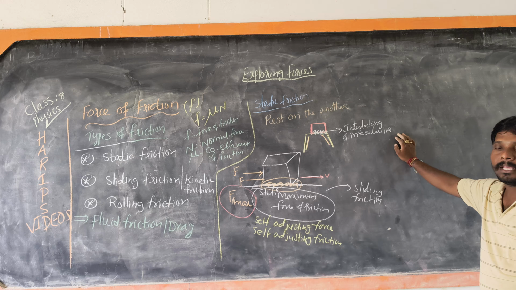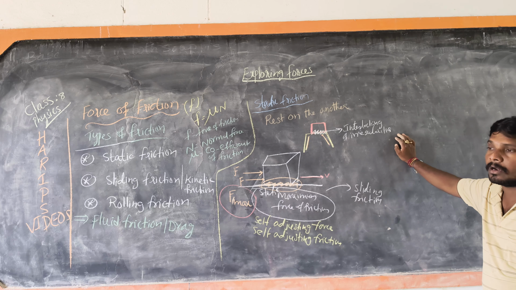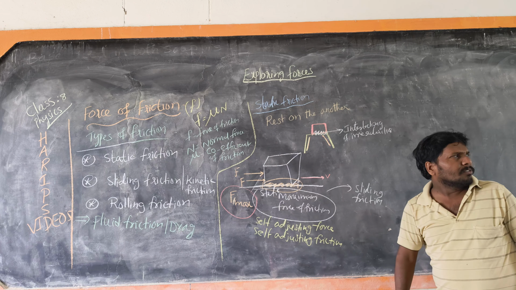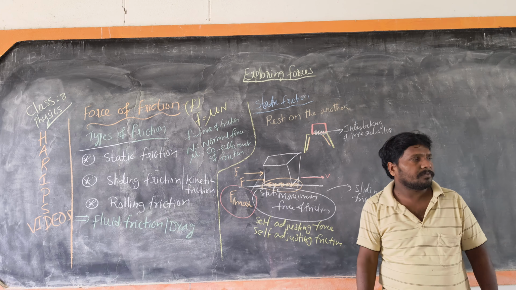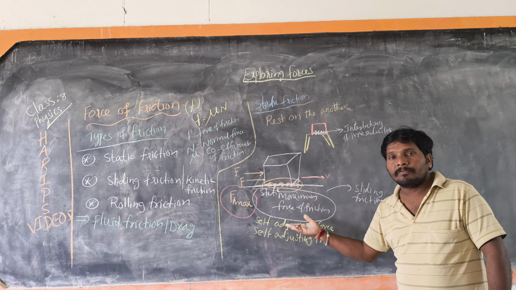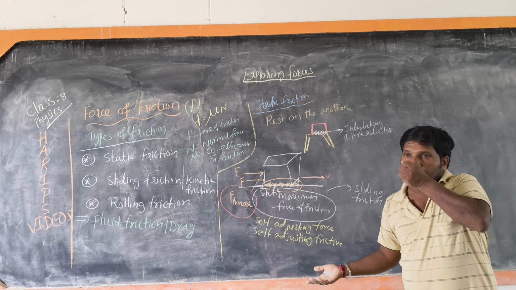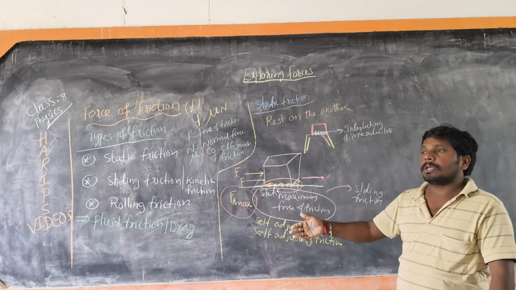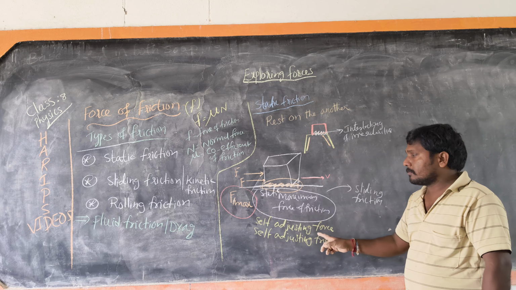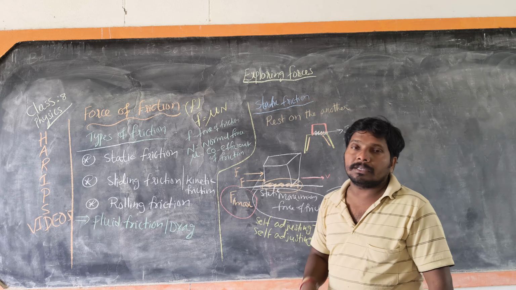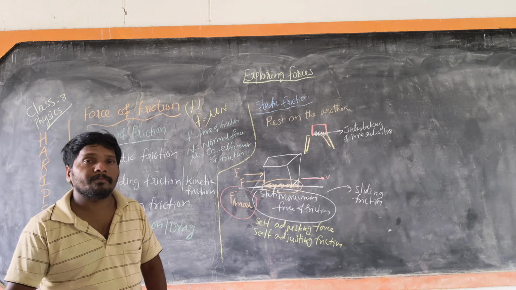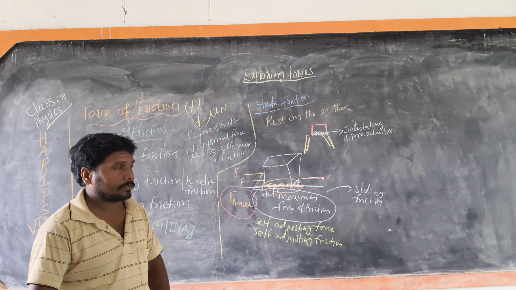So static friction is called self-adjusting friction or self-adjusting force, because once this maximum friction is overcome, the friction reduces, and the heavy object starts to move. That's why this is called self-adjusting friction. So once it slides, there is no need to apply the maximum applied force.